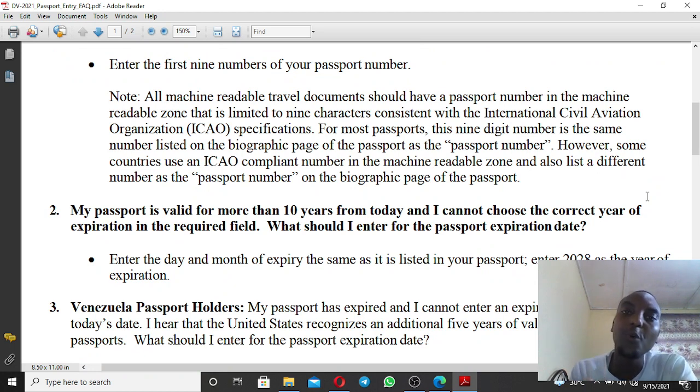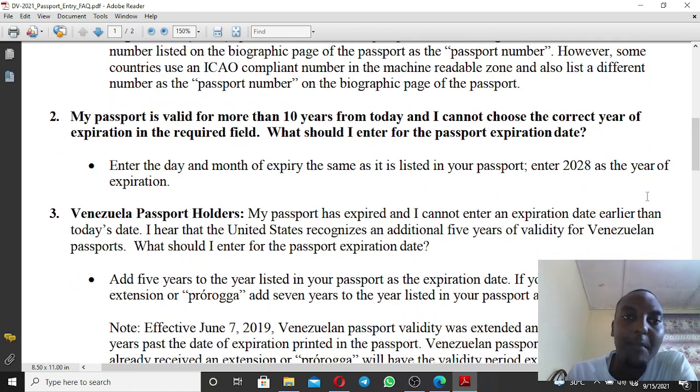So what you need to do is enter the numbers which appear on your biographic page, which say the passport number. And if it is more than 9 digits long, just enter the first 9 digits.